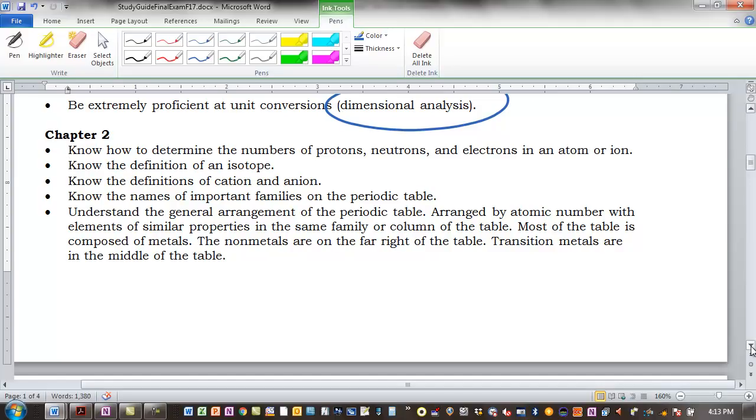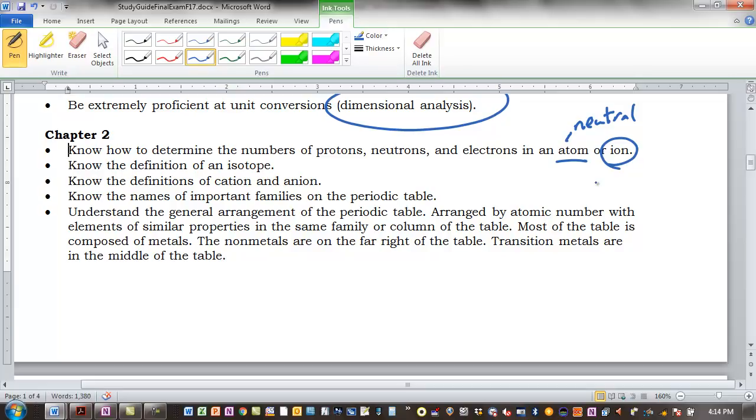So the types of questions you will get, obviously, are counting protons, neutrons, and electrons in a neutral atom or in a charged species. So make sure you can do that for both an atom, which is neutral, or an ion, which could be a positive or negative ion. Okay? So when we go from an atom to a negative ion, what's happened to that atom?